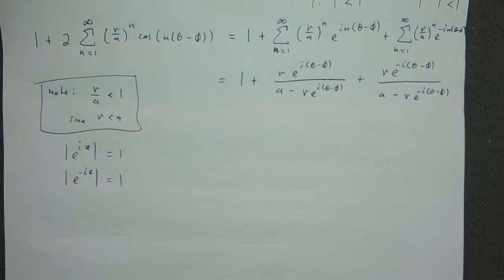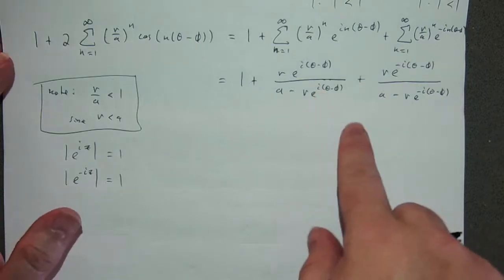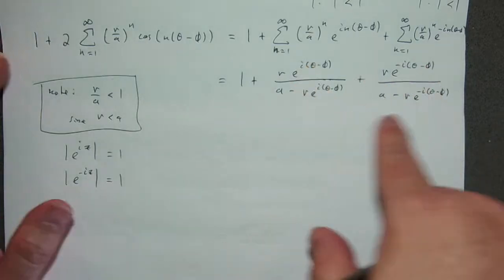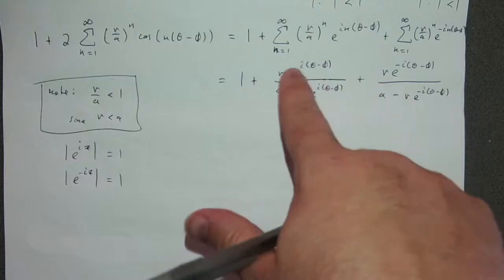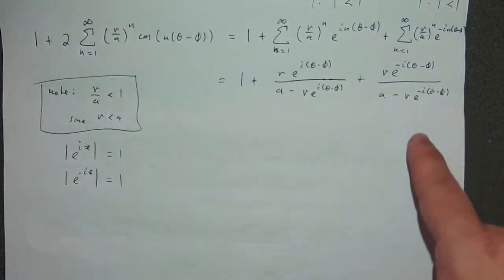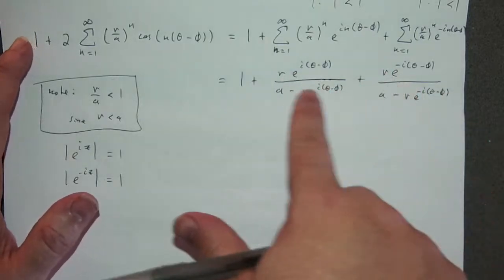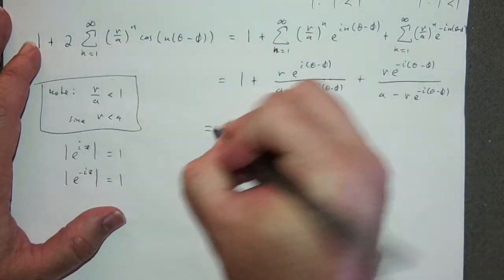Now, let's see. How can I combine these? I want to get a common denominator here and add these. When I get a common denominator and add these things, what do I get?